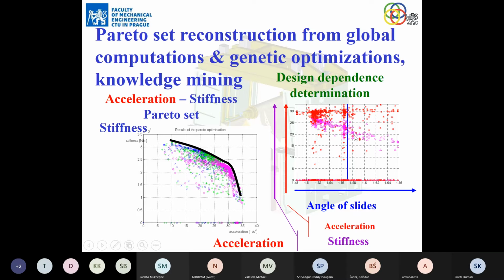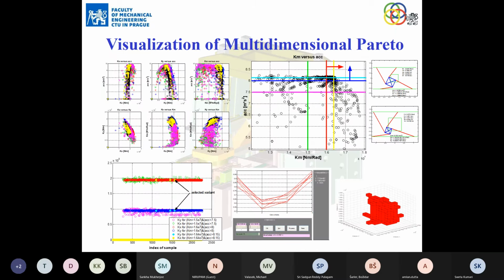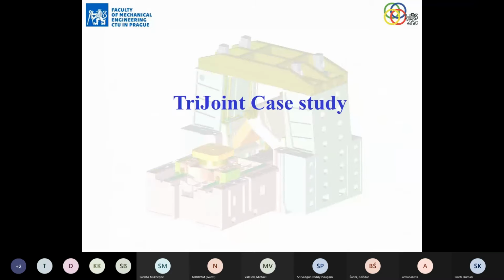The new knowledge was that the angle of the slides, if it is not parallel, if it is skewed, then it is contributing to an increase of the stiffness. Here are other tools that we were using, that means visualization in case of multiple design criteria, or how to tackle the Pareto set with multiple design criteria with multiple performance indexes.